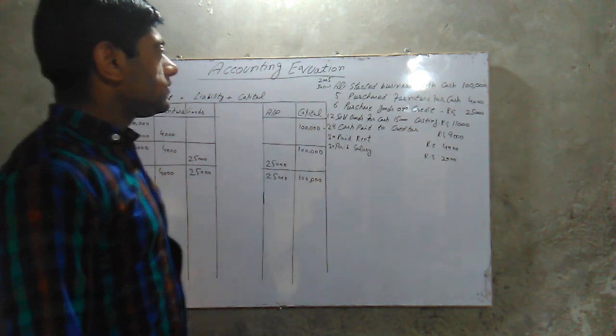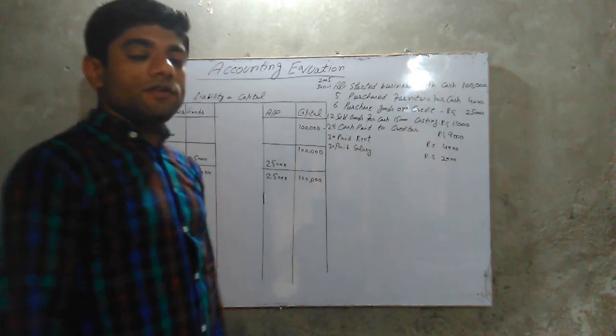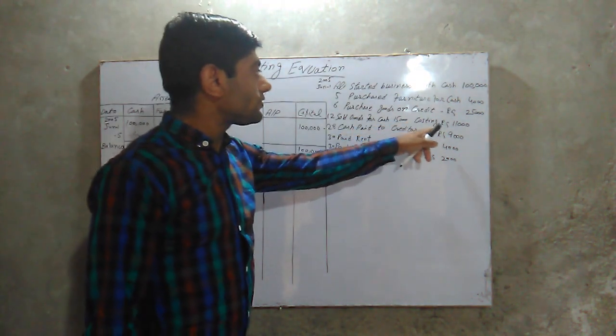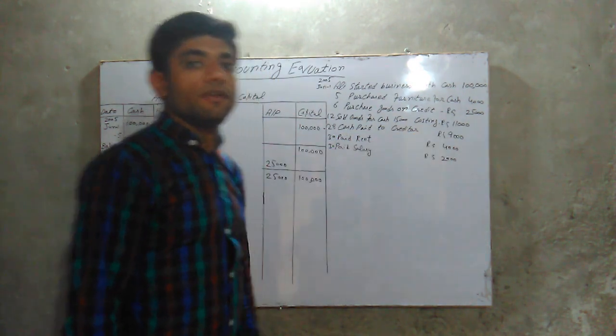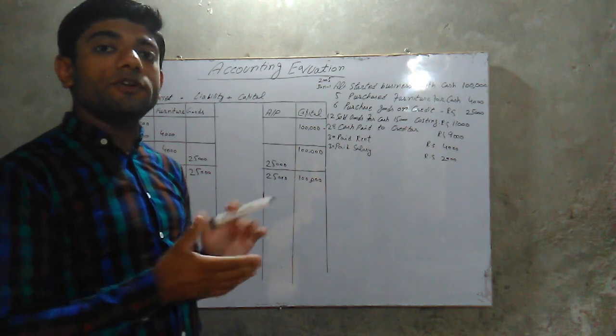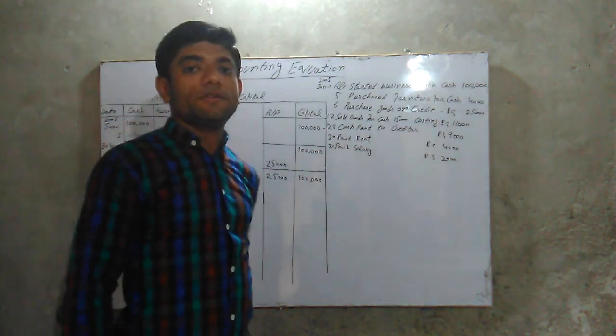12 June: sold goods for cash 15,000. Goods sold for cash 15,000, costing Rs 11,000. Means he sells the goods for cash 15,000, and those goods cost 11,000.